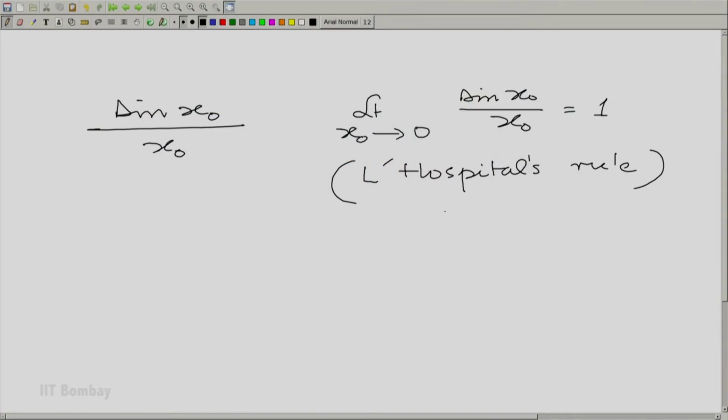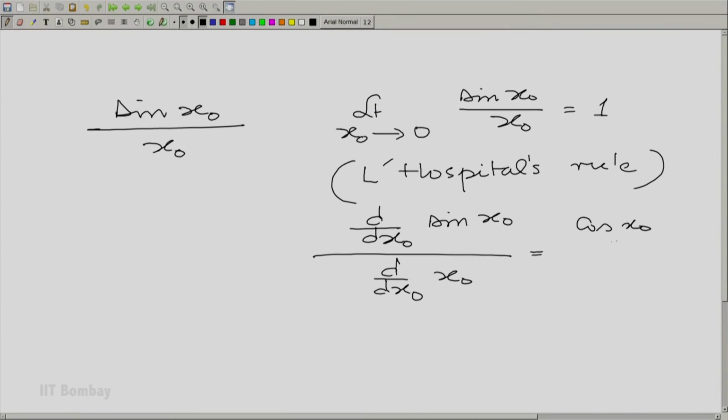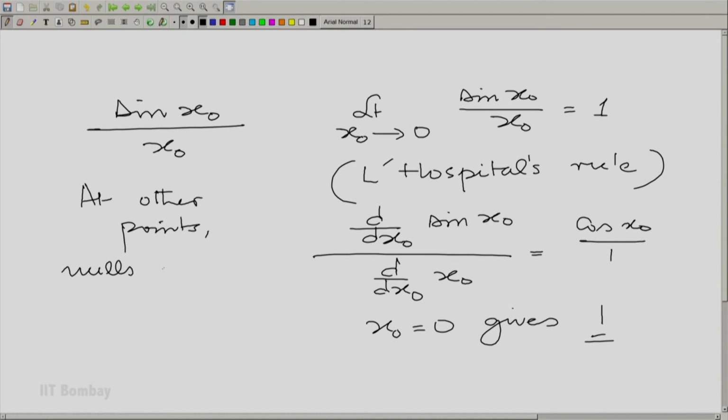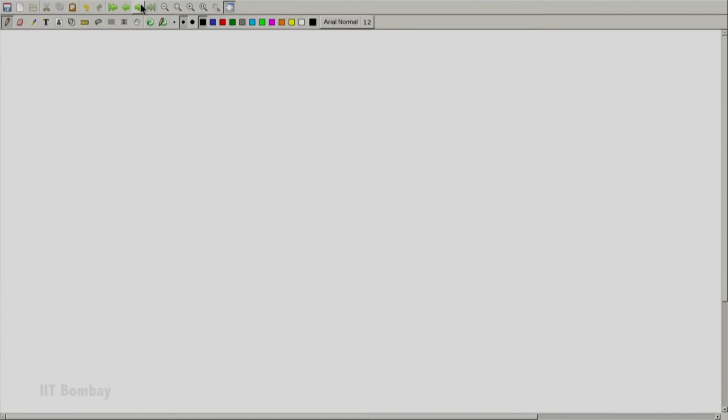So, if you took the derivative with respect to x0, it is cos x0 divided by 1, and substituting x0 equal to 0 gives 1 by 1. At other points, we are going to have nulls. So, nulls occur at the nulls or zeros of sine x.